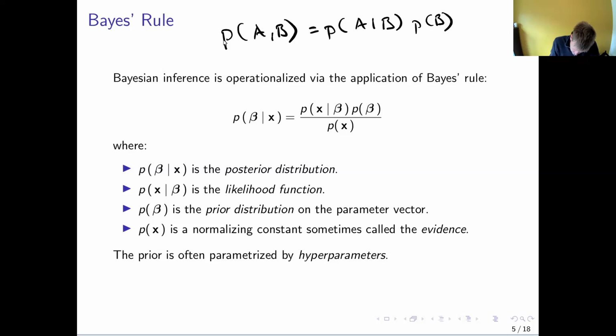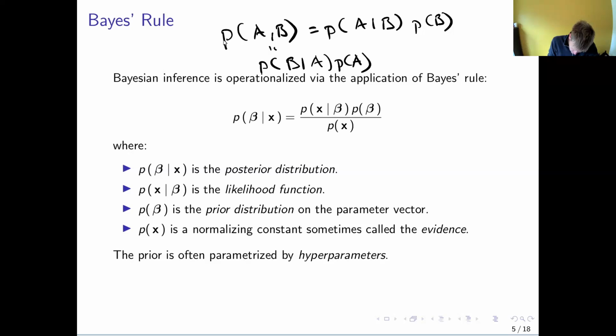I could factor the joint over A and B as the conditional distribution of A given B times the marginal distribution of B. But I could also factor it another way: as the conditional distribution of B given A times the distribution over A. Bayes' rule is just equating both factorizations together and dividing one side by the marginal distribution.